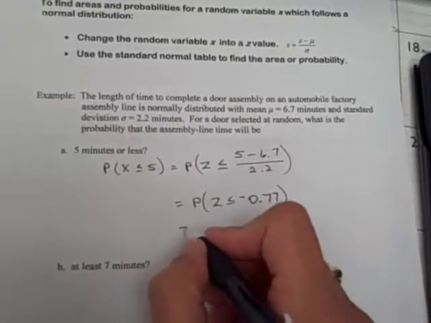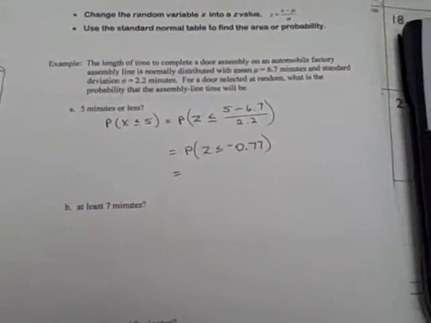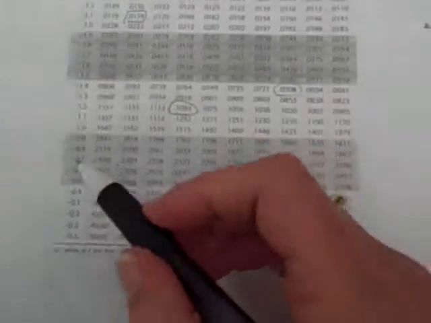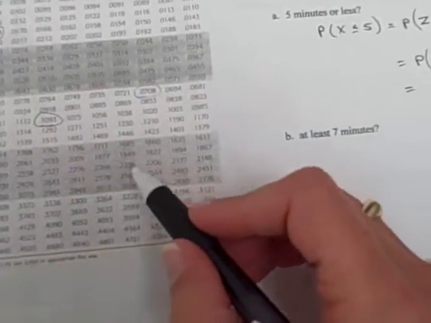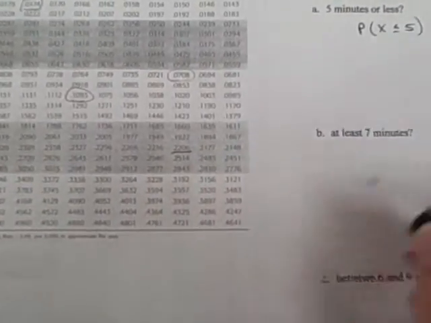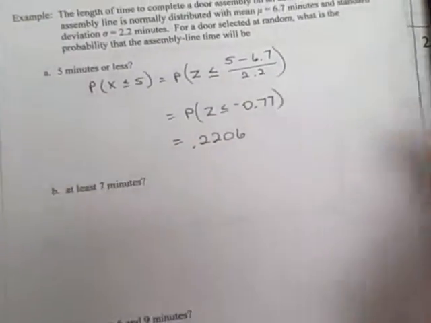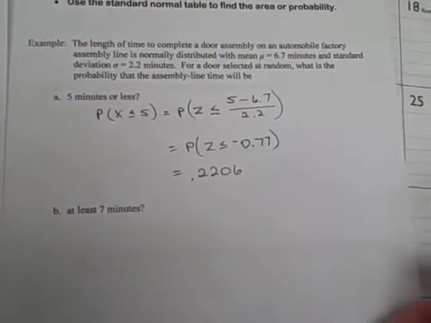Less than is an area to the left. This is a z. I'm now ready to go to my z table. I'm going to come over here to negative 0.77, and I get 0.2206. 0.2206 is my answer.